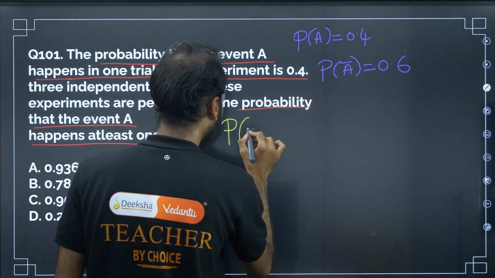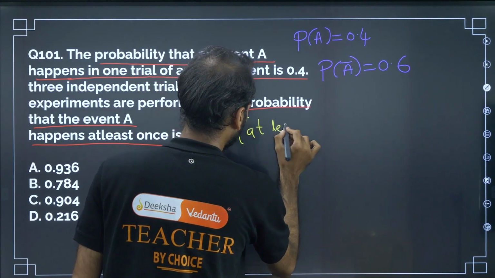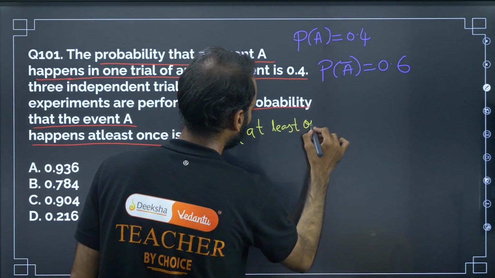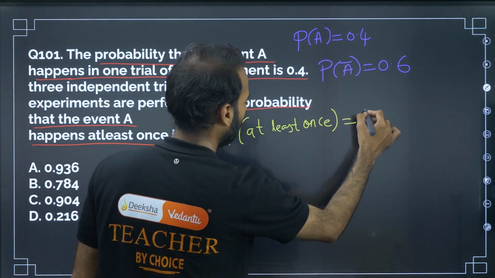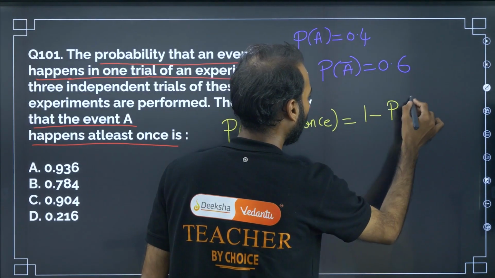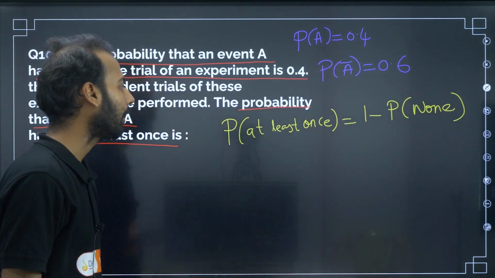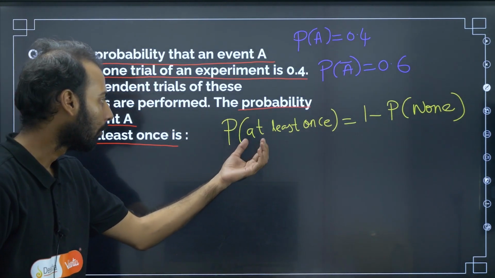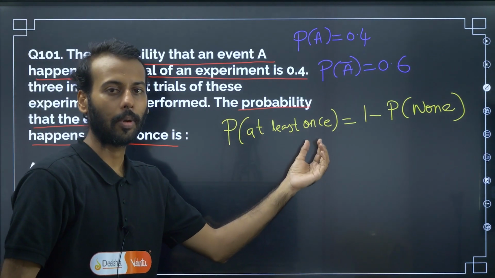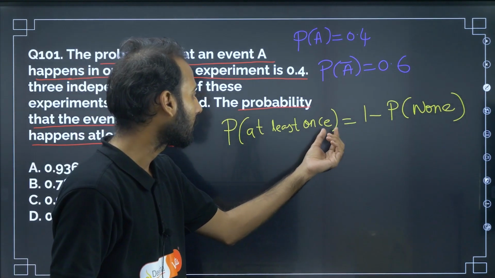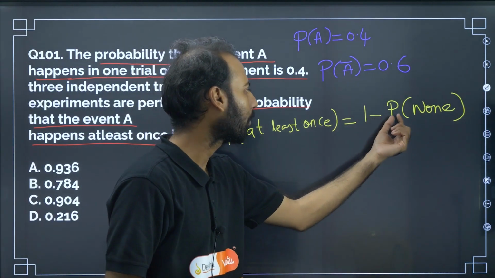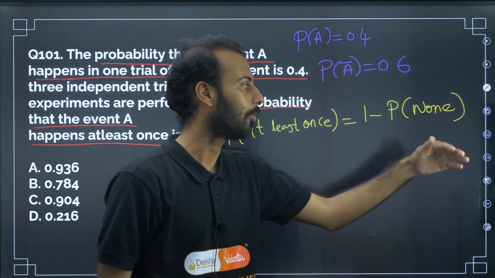Probability of at least once is equal to 1 minus probability of 0 times, it is not happening. Only that case is eliminated, and the remaining we have to consider. Probability of happening at least once is equal to total probability minus probability of happening 0 times, that we are removing.